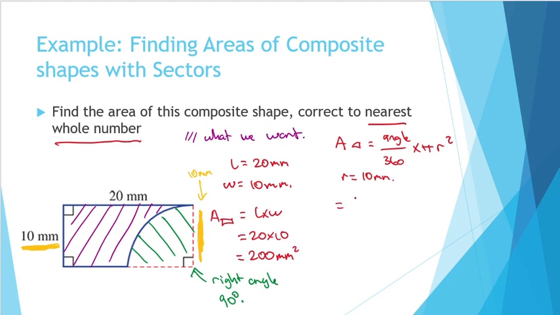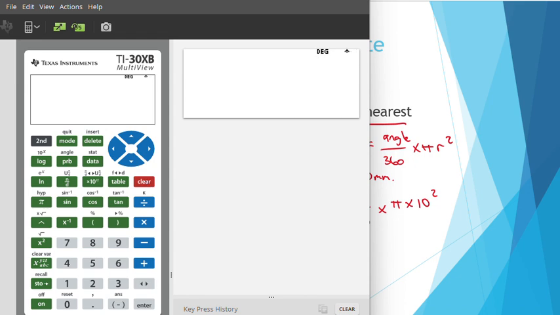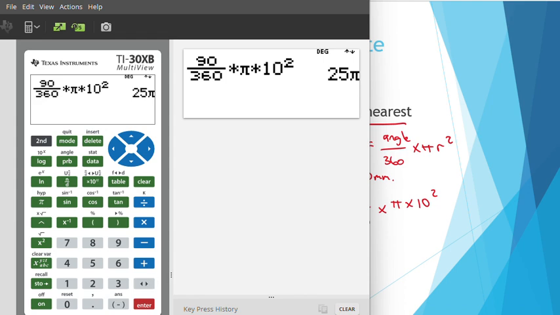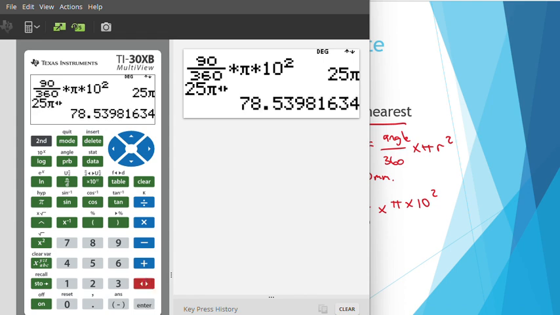So just substitute everything into the formula, 90 over 360. I'll just rewrite that again. Times pi times 10 squared. And if you just type this on your calculator, I'll get 25 pi. But because we need a whole number, we need to convert it to a decimal first, okay?